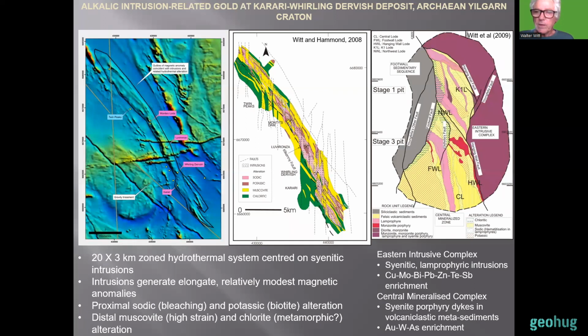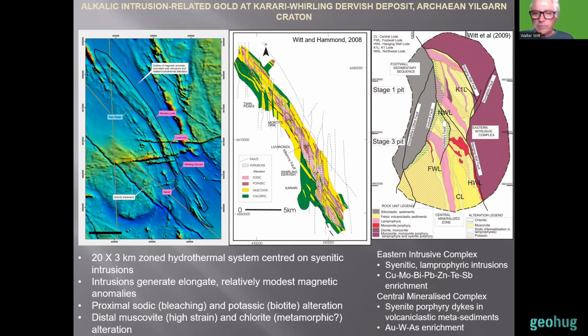The feldspathic sedimentary rocks are intruded by alkalic plugs and sills and dikes, which have a slightly magnetic character and can be discerned in the image shown there on the left.